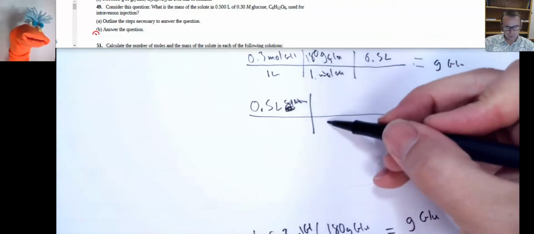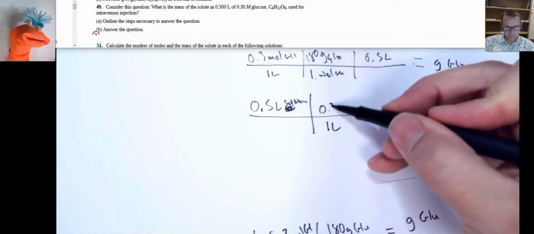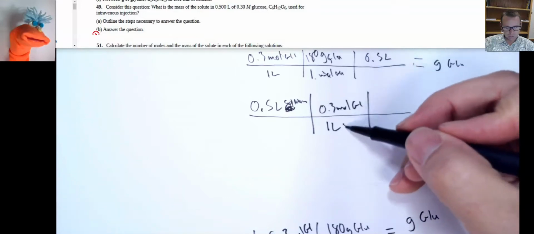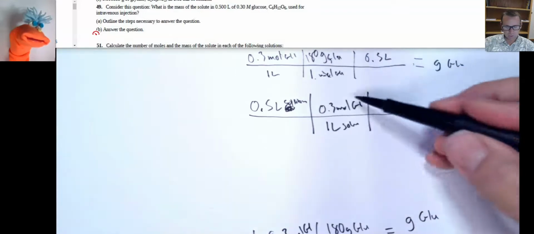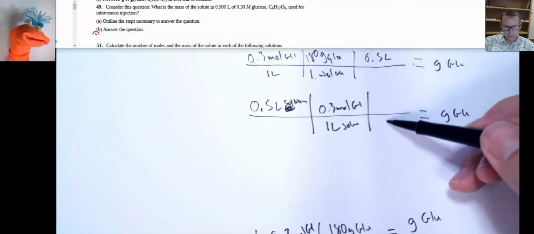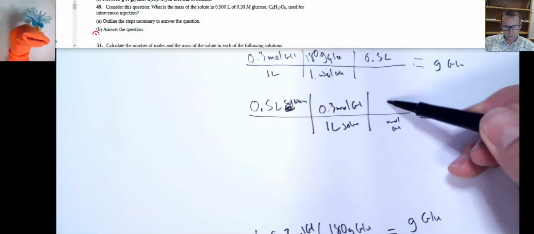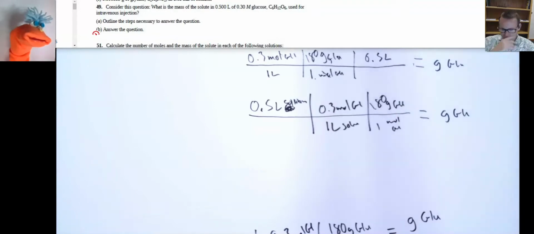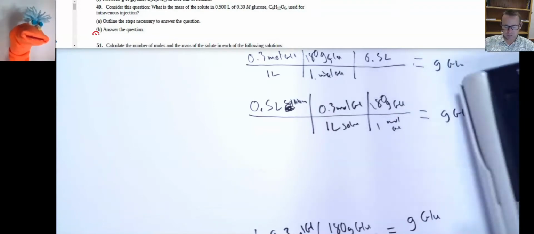So I can put the 1 liter contains 0.3 moles of glucose. All right, so every liter of solution has 0.3 moles of glucose. And then I might see that, oh yeah, I can go from moles of glucose to grams of glucose, because there's 180 for every mole. All of these would give you the same answer, right?